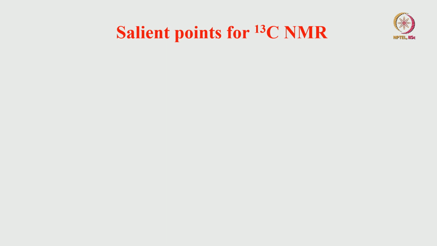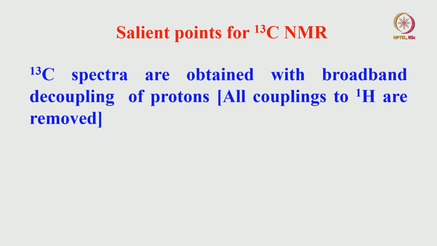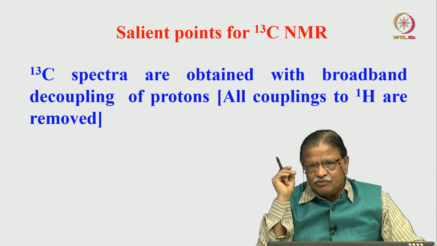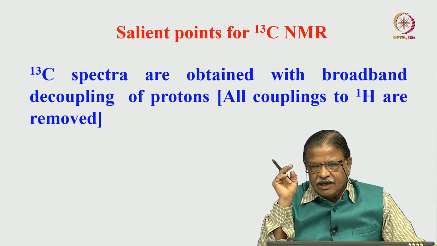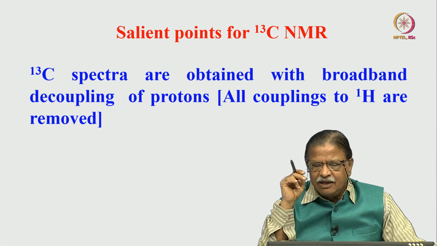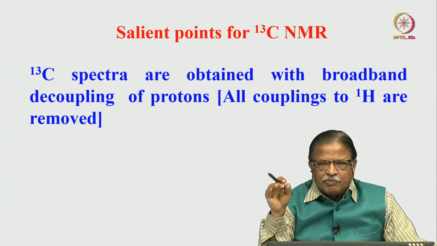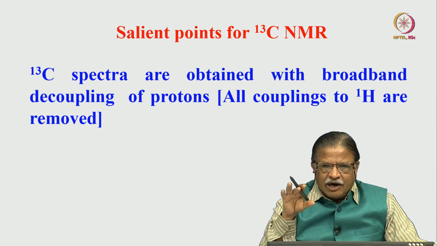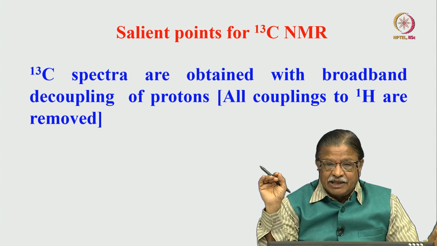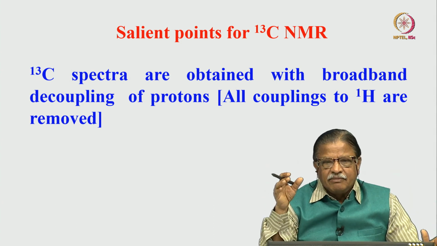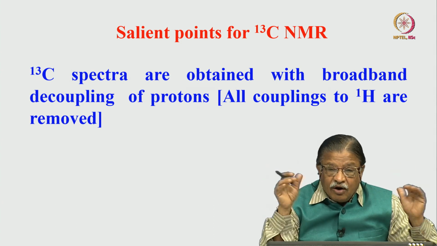And of course, salient points for carbon-13: one thing is that carbon-13 spectra are always obtained with what is called broadband decoupling of protons. When we look at carbon-13, usually all the protons that are coupled to carbon are completely decoupled. No coupling information will be there. We remove the coupling of all protons to all the carbons.